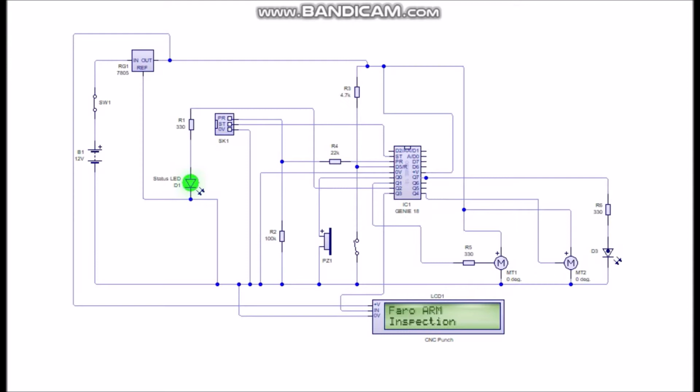Following this, the firearm inspection will occur on the LCD display and motor 2 will turn both directions. And then the circuit needs to be reset to allow it to continue again.